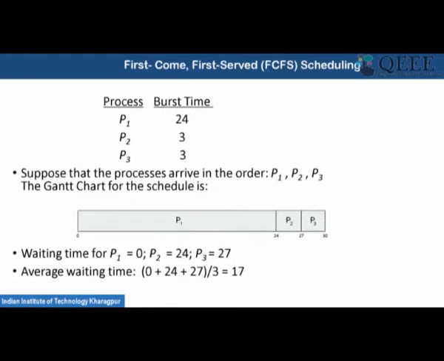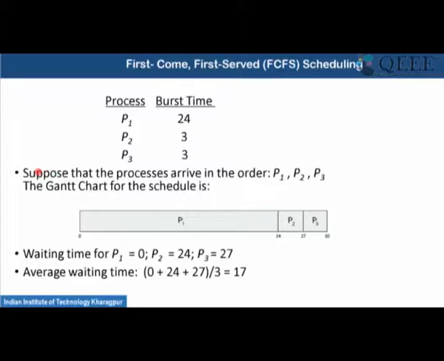So we are discussing different types of scheduling algorithms. Here we will start with the first come first serve, or FCFS, scheduling algorithm, which is the most simple type of scheduling algorithm used in the operating system.